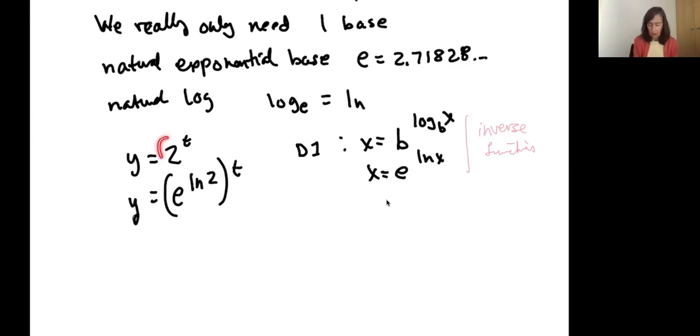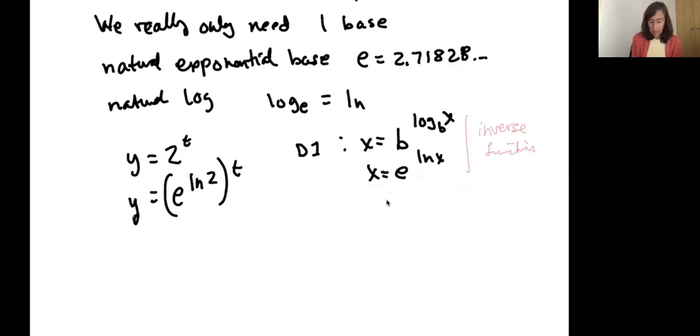All I've done is take this 2 and say it's the same thing as e raised to the log 2 power, using this definition of logarithm. If I take the log of 2 and then raise e to the power log of 2, I get back 2. Why would I want to do that? I would want to do that because I'm translating this problem that's got an inconvenient base to the natural base.